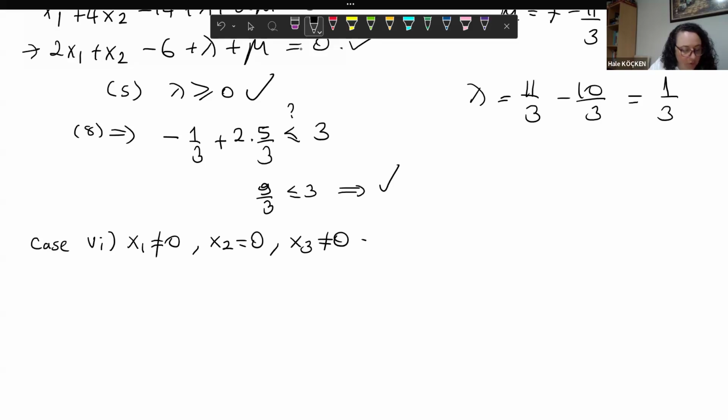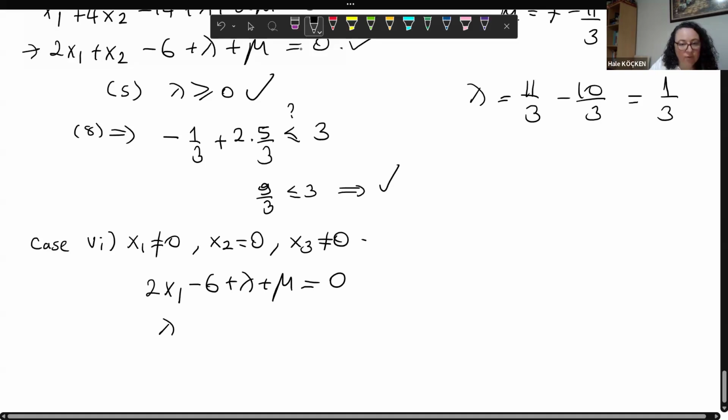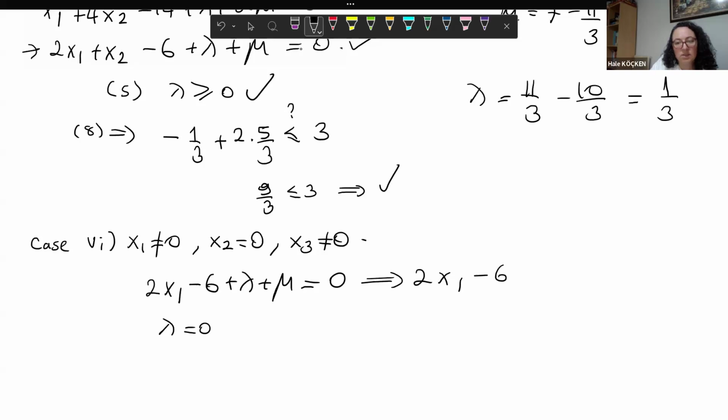If x1 is different from 0, I'm writing that 2x1 minus 6 plus lambda plus mu is equal to 0. If x3 is different from 0, then lambda has to be 0. So it becomes 2x1 minus 6 plus mu is equal to 0.